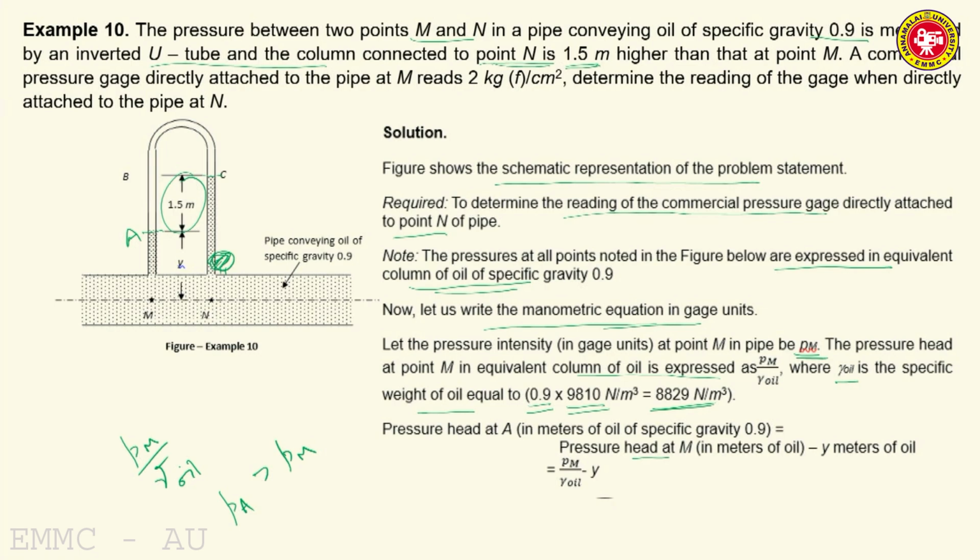That is pressure head at M minus the difference between M and A, which is Y. So what is it? You have Y column of only the same liquid of specific gravity 0.9. So PM by gamma oil minus Y.